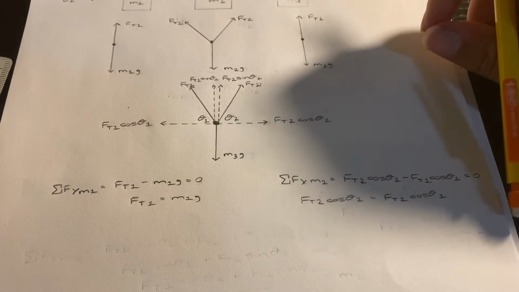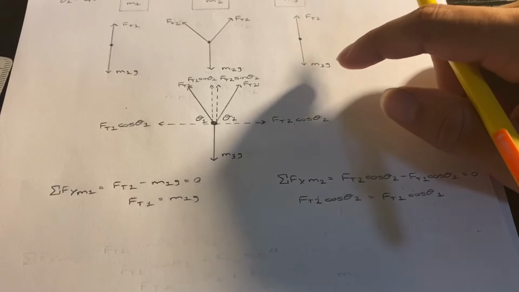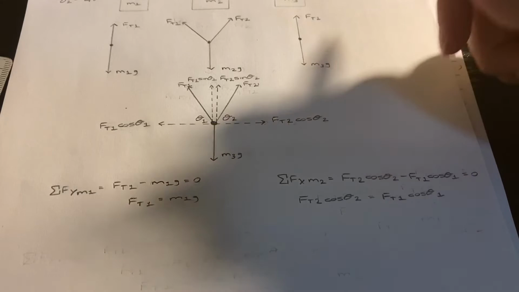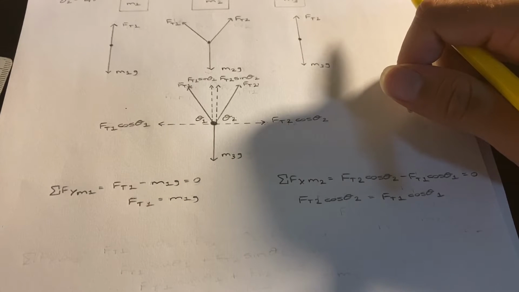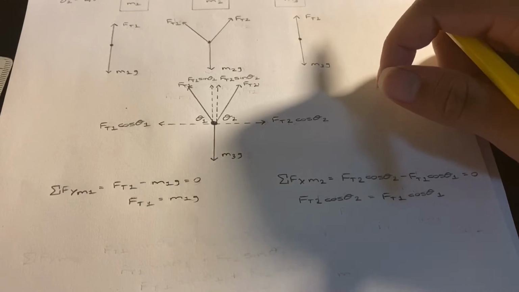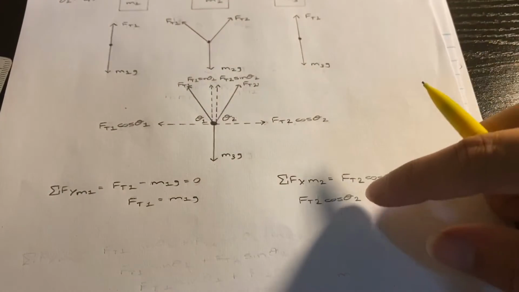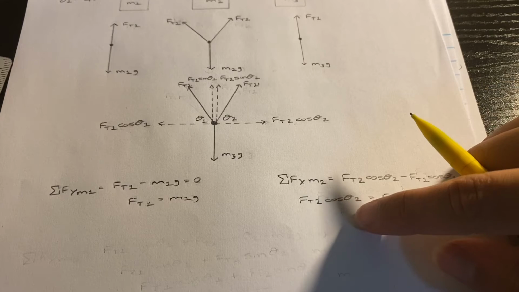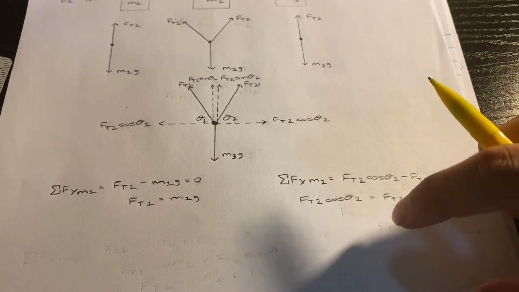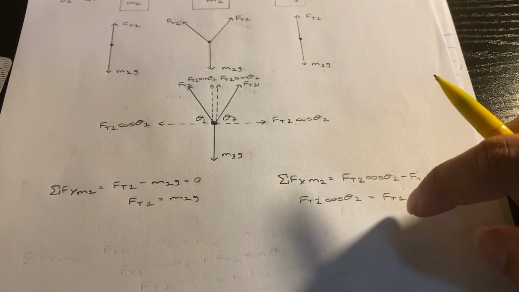In this case, we want to solve for ft2, because that will be another recurring unknown that we can substitute with our knowns to find values for m2 and m3. To do that, we substitute ft1 with m1g, which we have over here, and we divide both sides by cosine theta 2, so as to isolate ft2 and have an equation where ft2 is equal to all of our knowns.